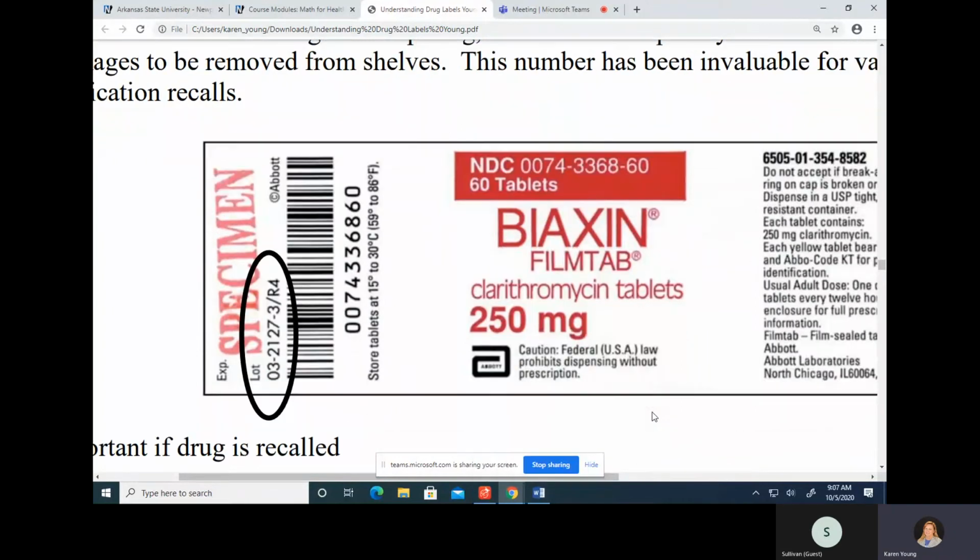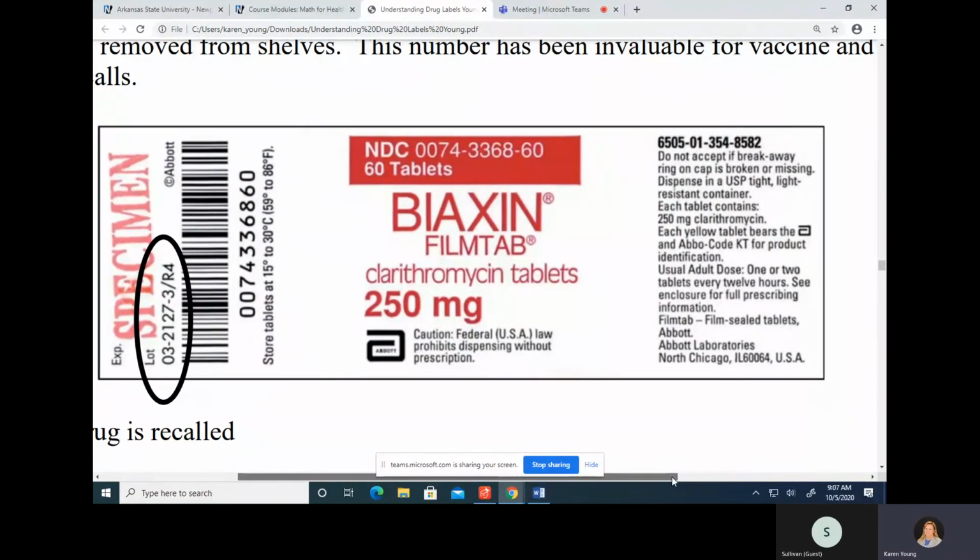All right, we haven't looked at this one yet. So what is my brand name? Does it have 2? It has 2, because both Biaxin has the trademark R and TrimTab has the trademark R. So there's 2 different brand names it goes by from the same company. I don't have a clue why they changed it.